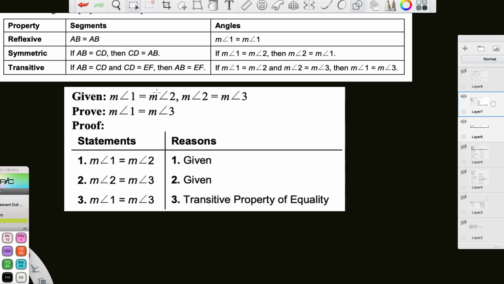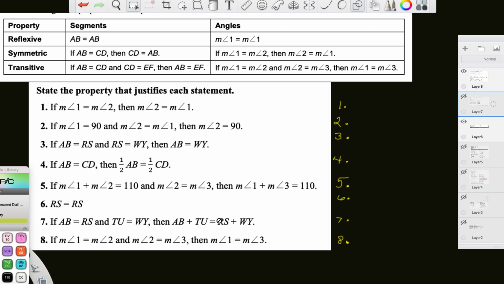The first part of the statement, angle 1 is equal to angle 2. Given. Now, the second statement, angle 2 is equal to angle 3. That's a given. Therefore, angle 1 is equal to angle 3. Transitive property. Good? Great. Let's do some. If we really wanted to write this out, we would say, for this one, 1.